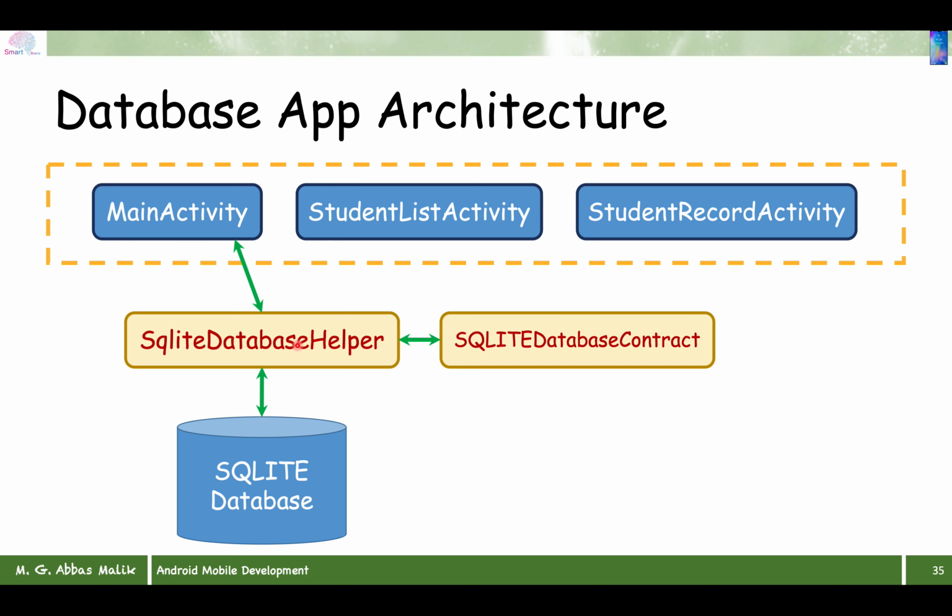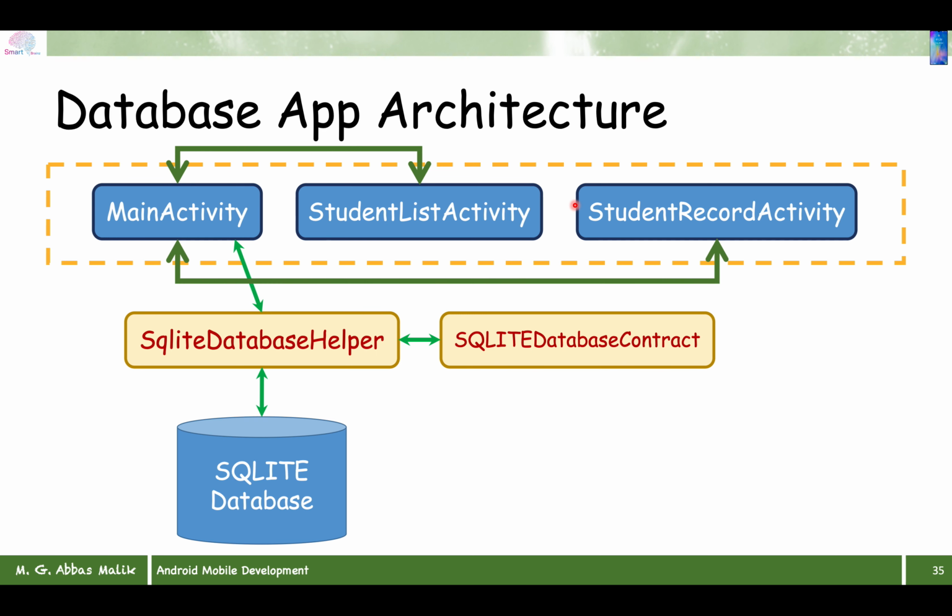So we have written down all those specific queries and methods inside the SQL database helper. And for this database helper, we have created a static object inside the main activity. And all other activities are accessing the SQLite database helper object, which is static in the main activity, and performing all those methods.